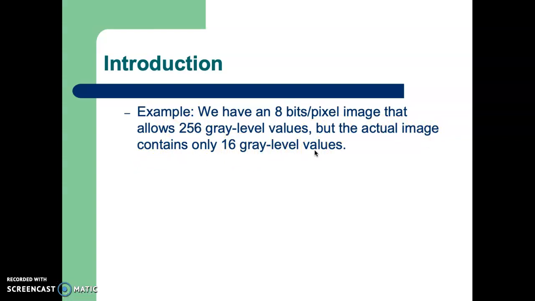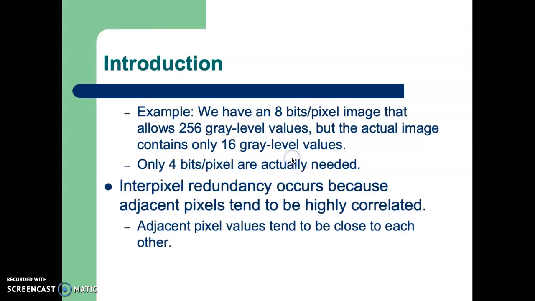Originally you allocated 8 bits for your image, so the 8 bits will be a waste. This can be reduced to 4 bits, so only 4 bits per pixel are actually needed.